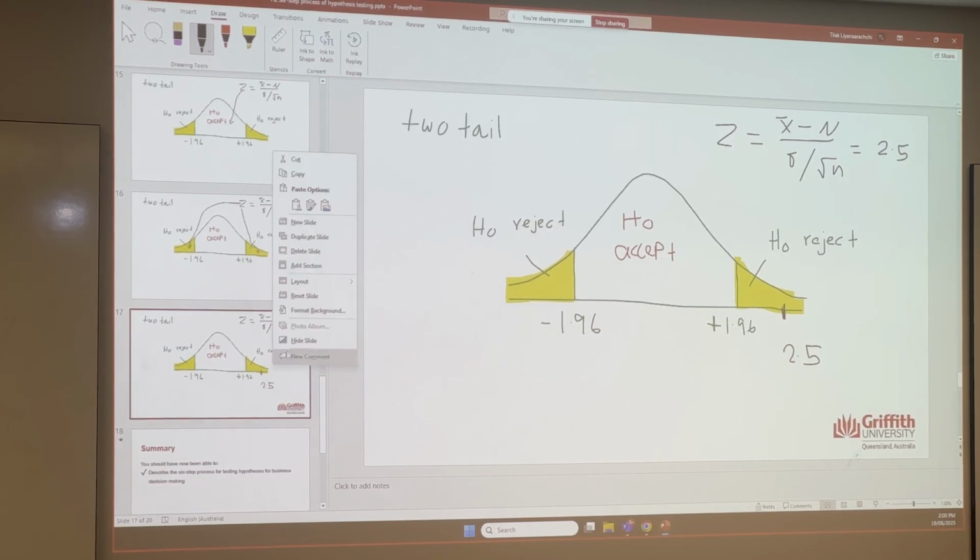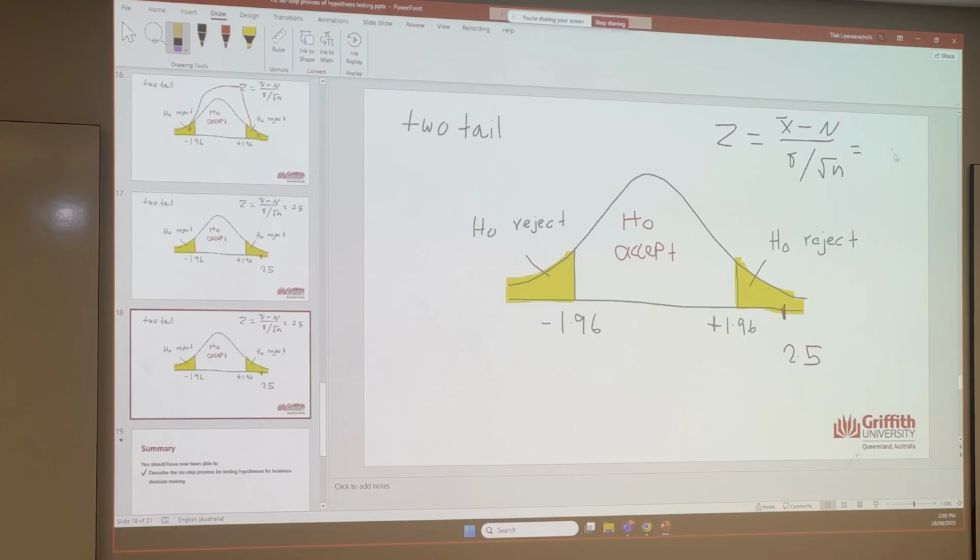Suppose that you get a smaller value, like a Z value of 1.5. 1.5 means it is falling inside. So 1.5 is somewhere here. So that means H0 is accepted, H0 acceptance region. So that is basically how you make the decision.